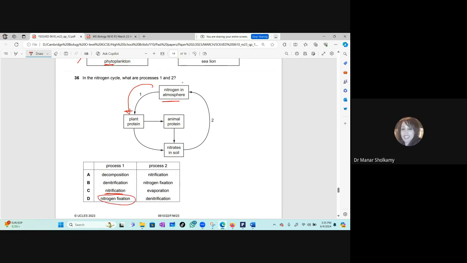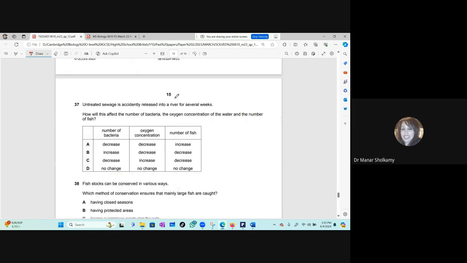This is nitrogen fixation. I take it from the air. Anything that takes the gas from the air is called fixation. Now, 2, nitrates are in the soil and now they go back to the air. So what is 2? Denitrification. So what's the answer? D. Well done.